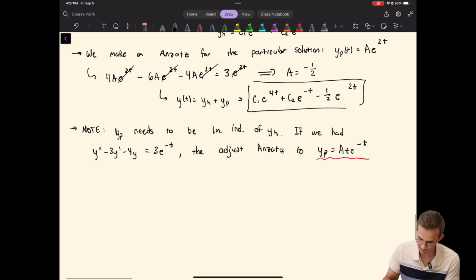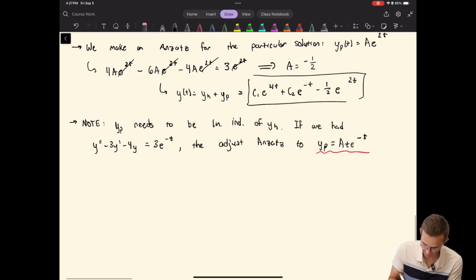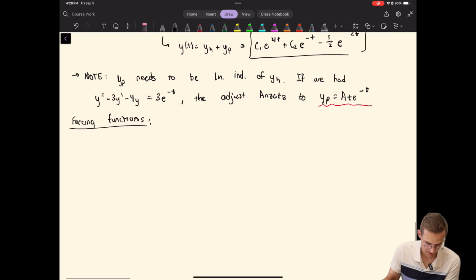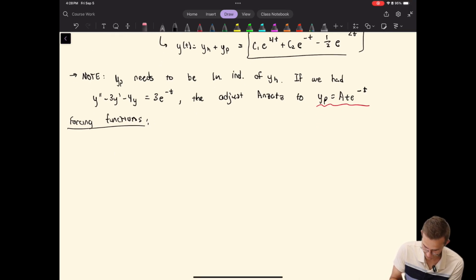So there's a few types of forcing functions that you need to keep in mind. This will be a useful table for you to keep for later use. So consider the equation y double prime plus a y prime plus b y is equal to f of x.